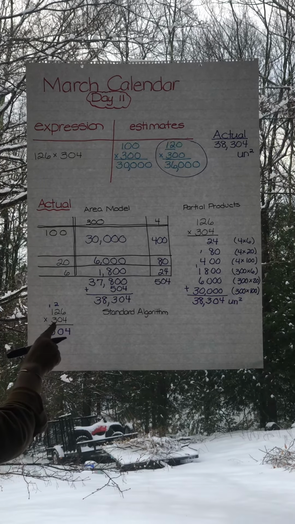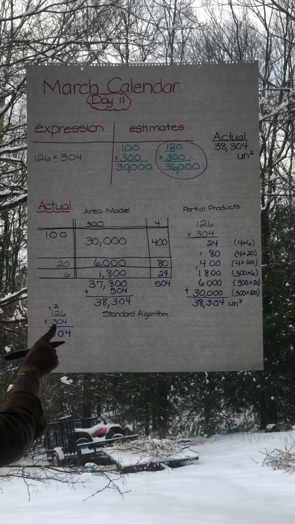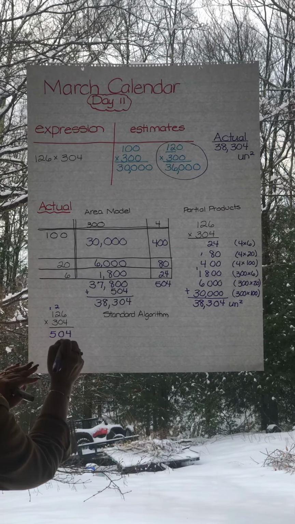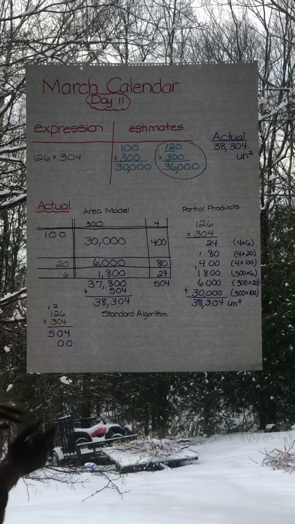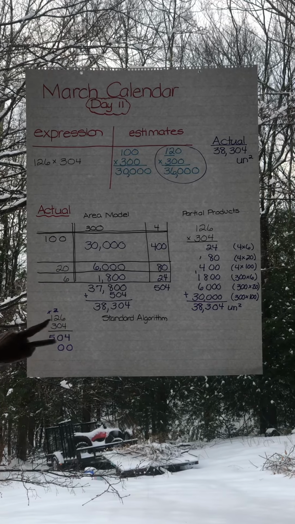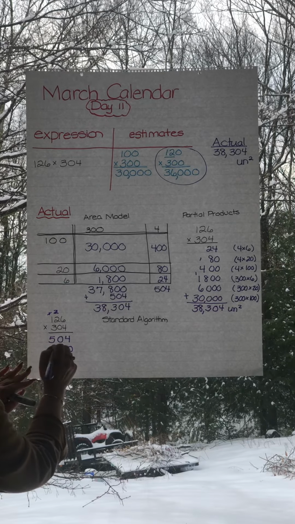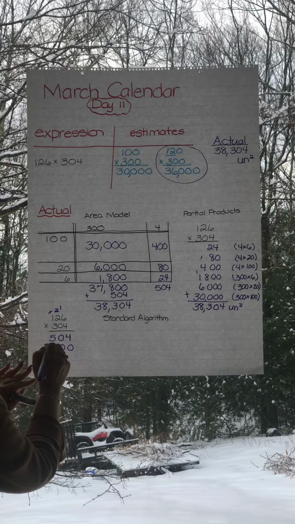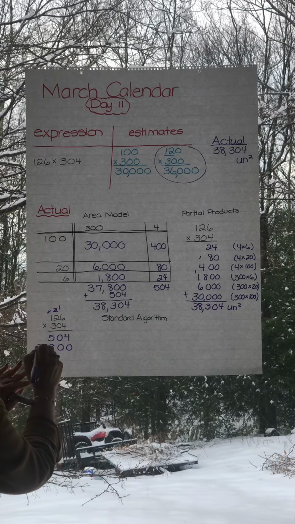Next, we're multiplying by 300. But multiplying by 3 is easy, so we're just going to put down the 2 extra place values before we begin. We're going to cross these out, and now we say 3 times 6 is 18. Carry the 1. 3 times 2 is 6, plus 1 is 7, and 3 times 1 is 3.